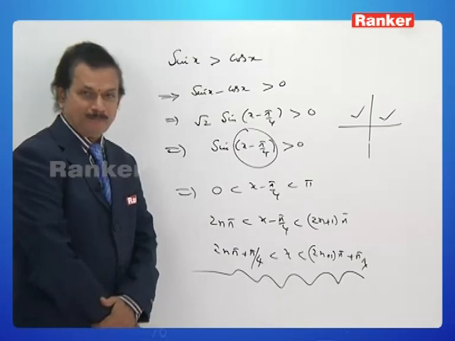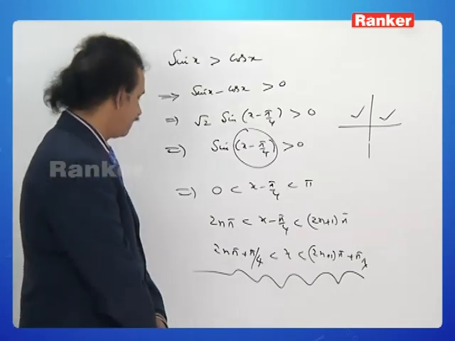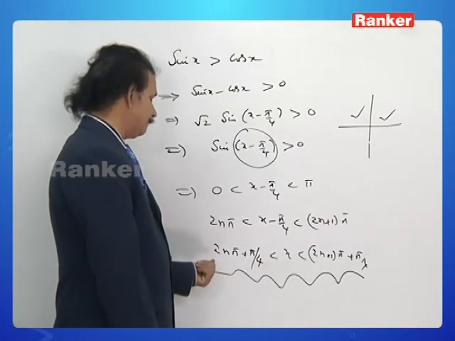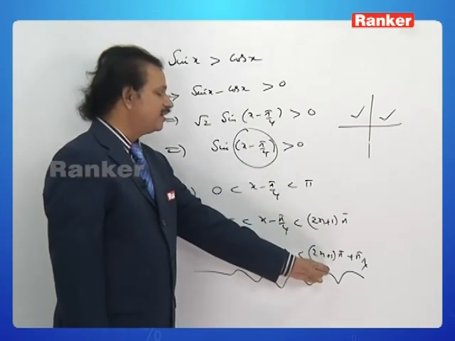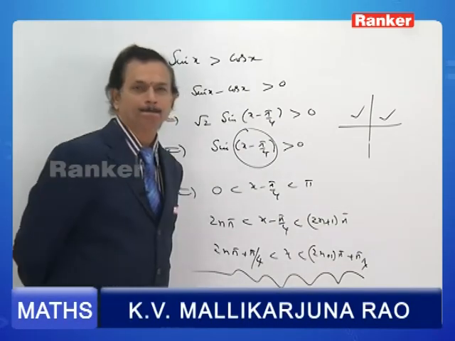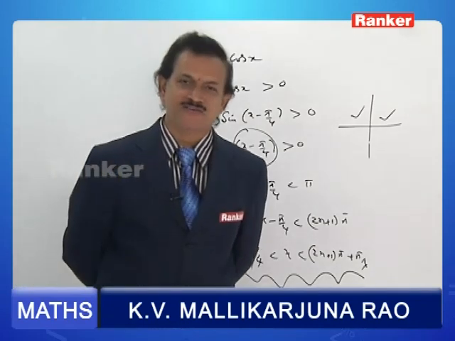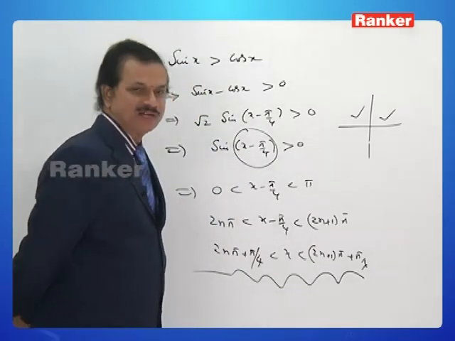This is the suitable option. Observe this, my dear: an even multiple of pi plus pi by 4, up to the next immediate odd multiple of pi plus pi by 4. x should belong to that interval, in which sin x is greater than cos x.